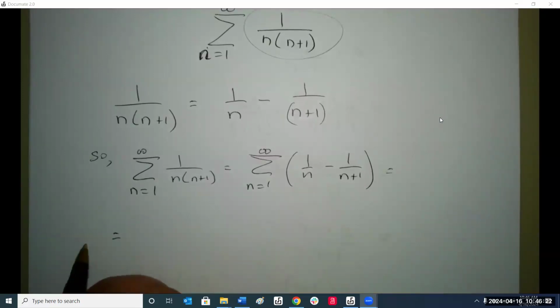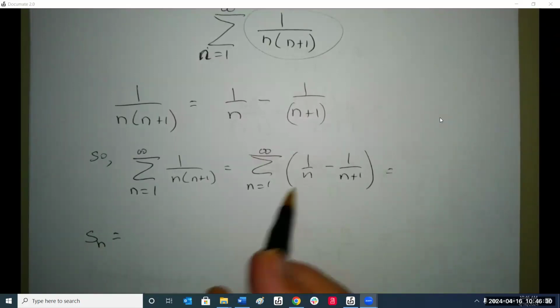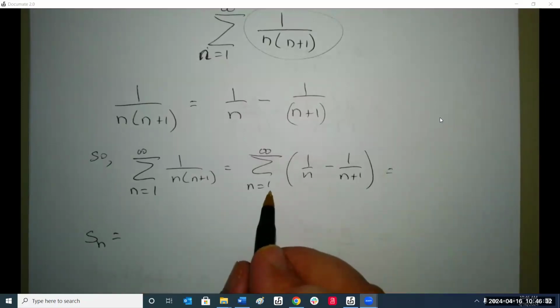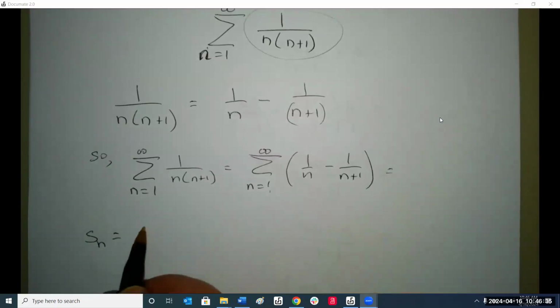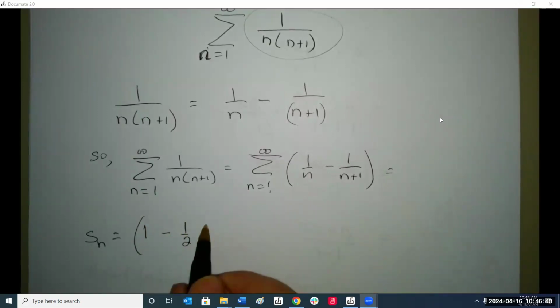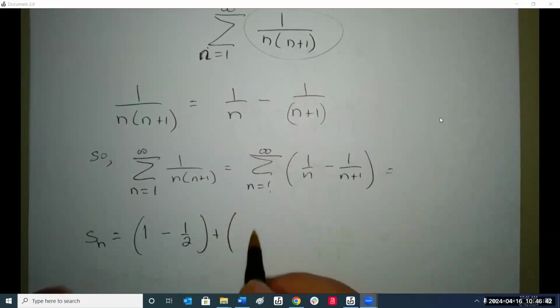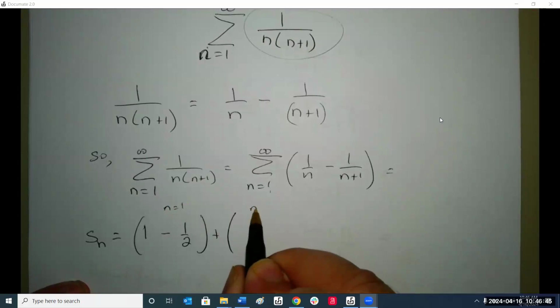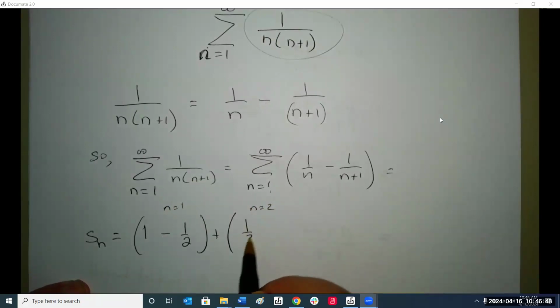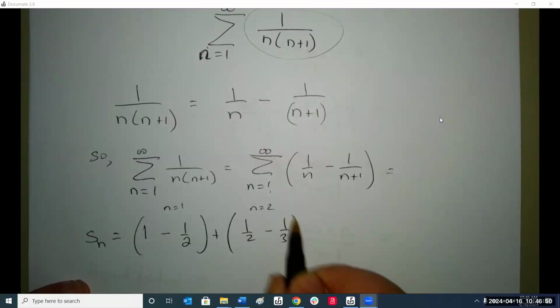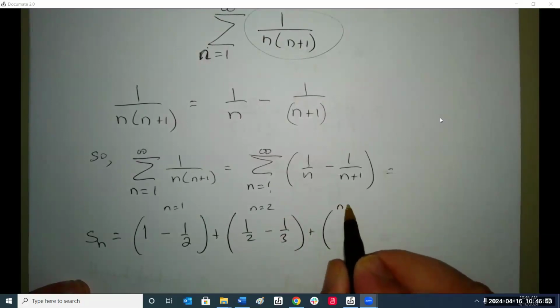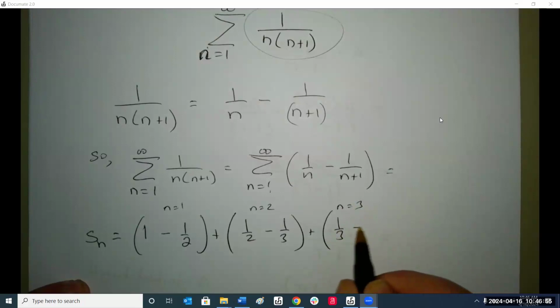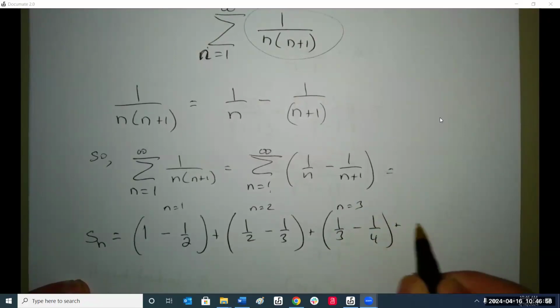So let's look at the partial sum. When n is 1, we get 1 minus 1/2. Then n equals 2, so you get 1/2 minus 1/3, then 1/3 minus 1/4.